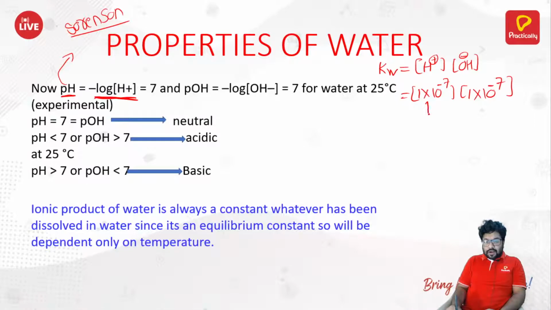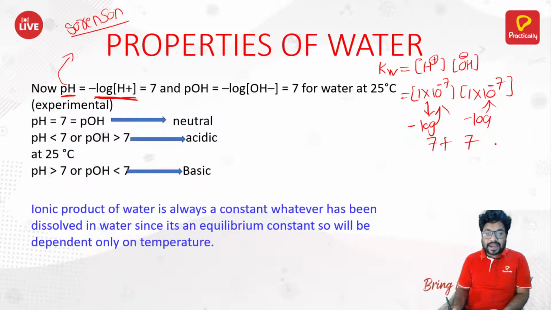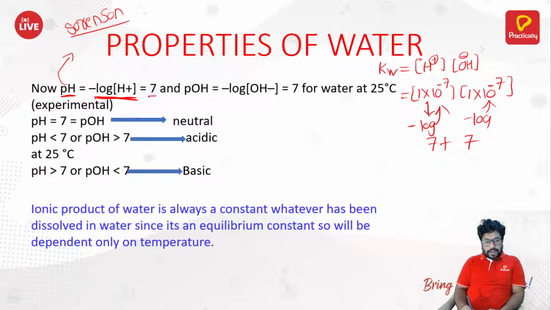If you take the negative logarithm of this concentration, it will be 7, and similarly for OH minus. So pH is equal to 7 and pOH is also equal to 7. This 7 plus 7 is equal to 14, and that is how your pH scale was actually designed. So the pH scale goes from 0 to 14.